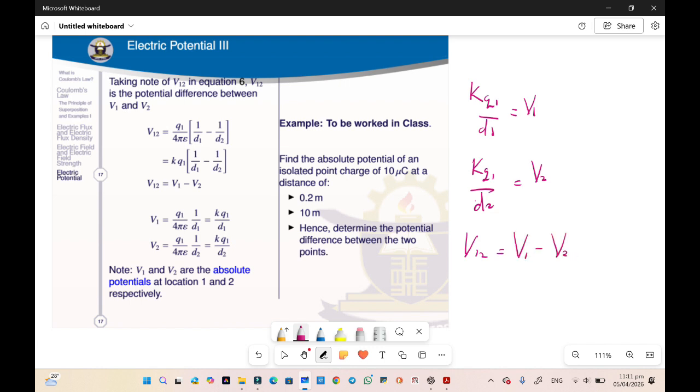Now let's try this example that says: find the absolute potential of an isolated point charge of 10 microcoulomb at a distance of 0.2 meter and then 10 meters, and hence determine the potential difference between the 2 points. So this is quite simple.